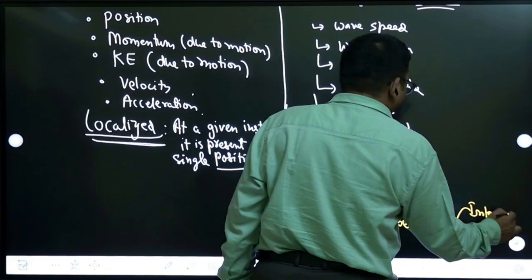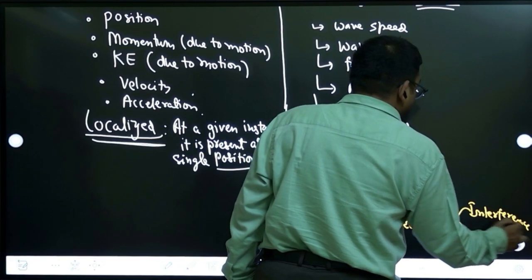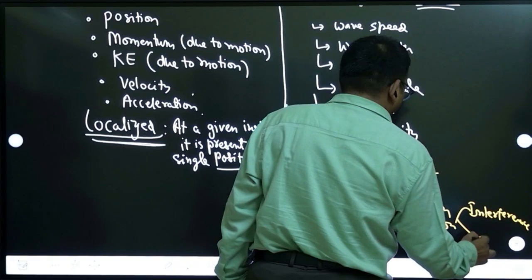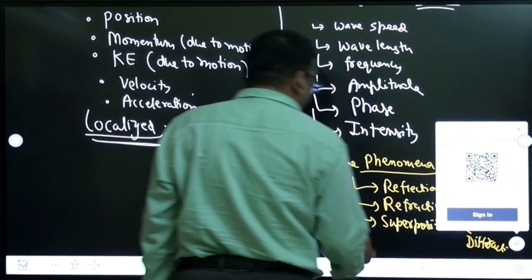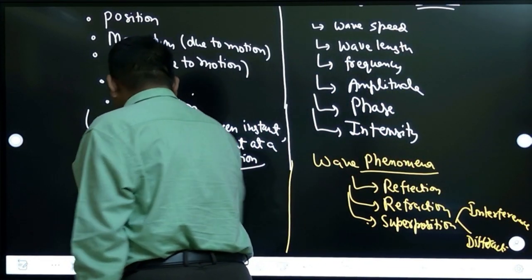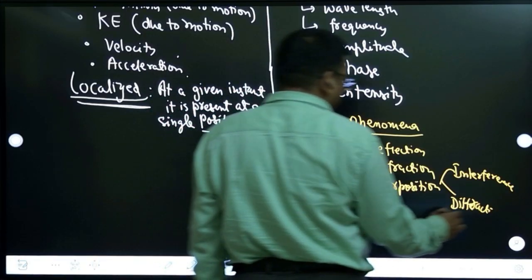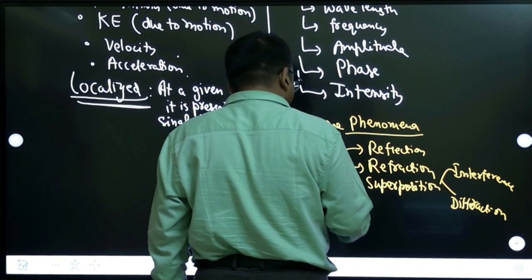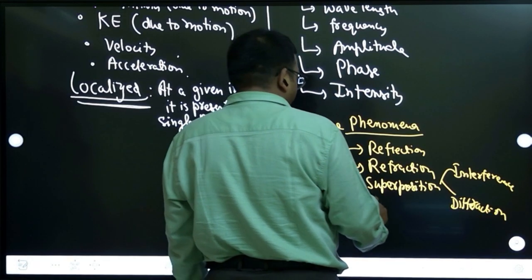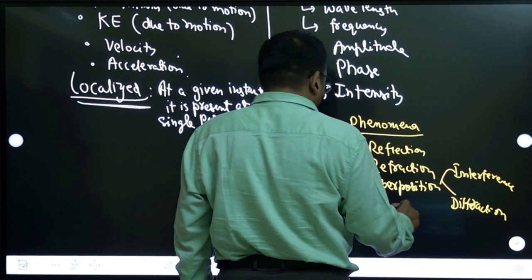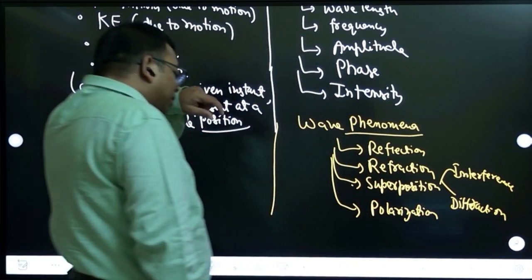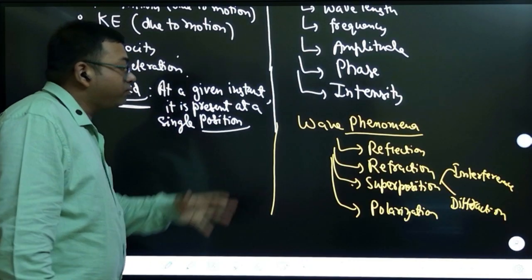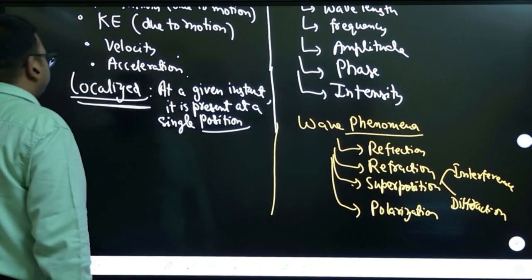Both interference and diffraction are superposition. Then many phenomena will be there: interference, diffraction, and what else? Polarization, particularly for electromagnetic waves. All those phenomena of wave which we know.